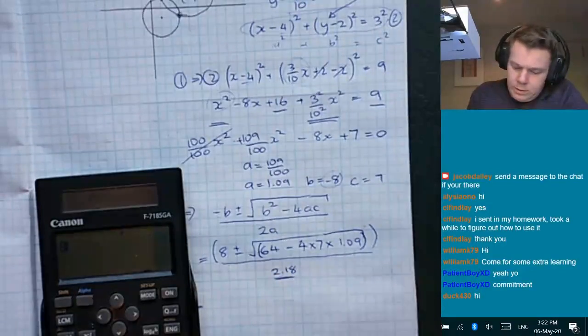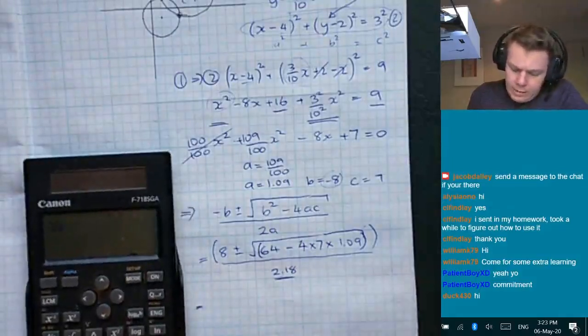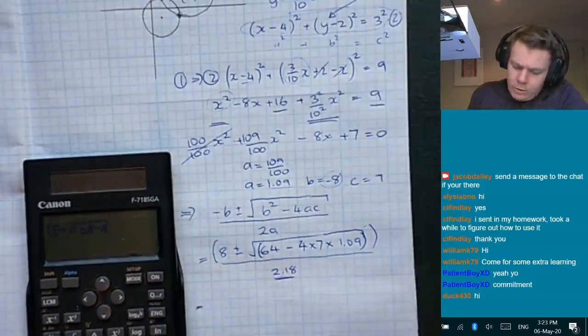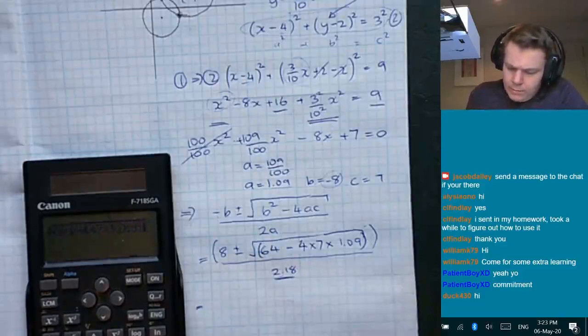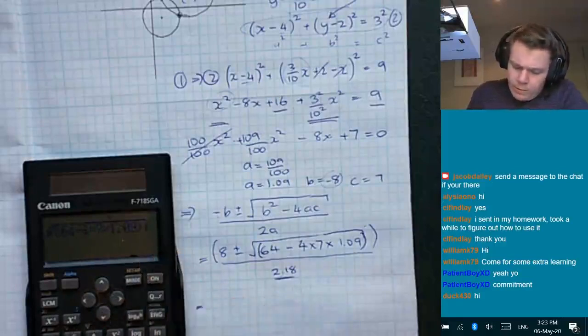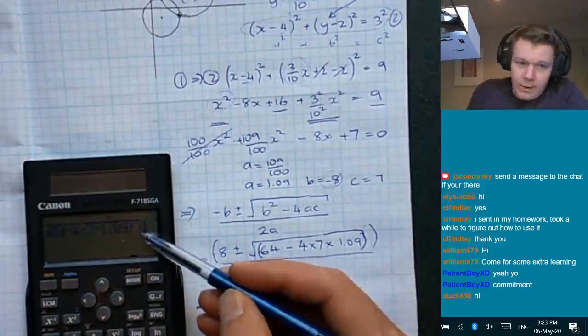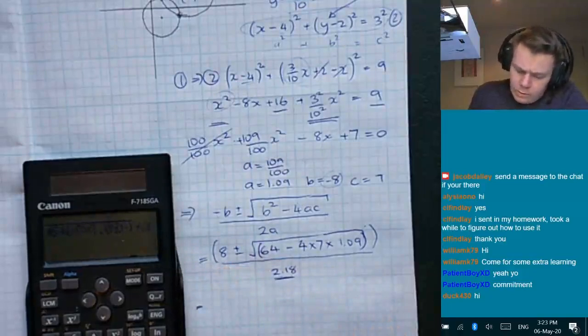So actually we want to do bracket 8 plus square root of 64 minus 4 times 7 times 1.09 bracket, and then we want to get outside our square root, because we want this bracket to be outside the square root so that it includes the 8. Divide that by 2.18.